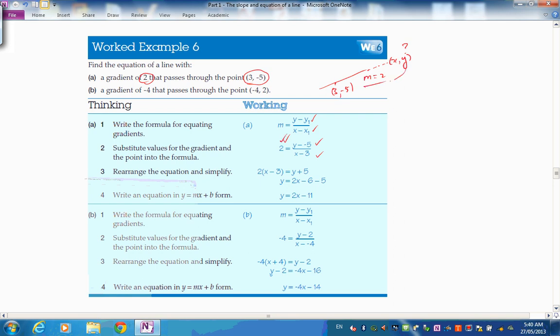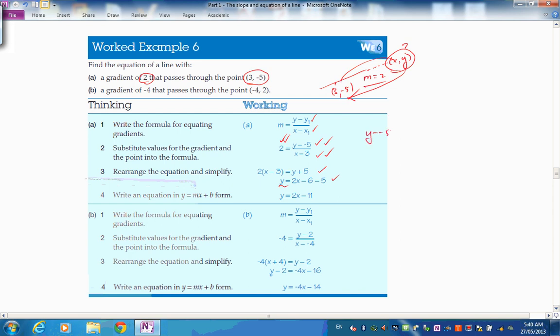Now we'll work back here, y take neg 5 over x take 3. Must always be 2. No matter what the point is out there, it's got to keep that constant gradient or slope. Otherwise it won't line up. Okay, so then we multiply both sides by x take 3. Expand the brackets. They put y on the other side now. I mean, you might just take it this way.